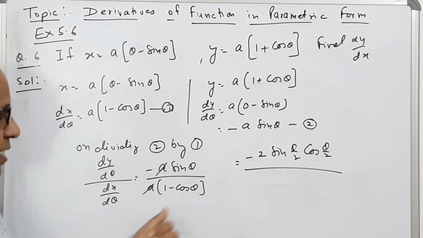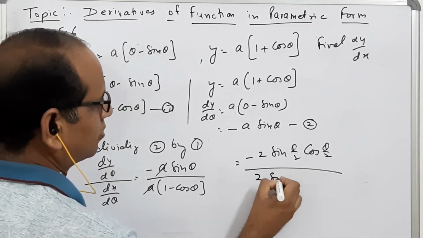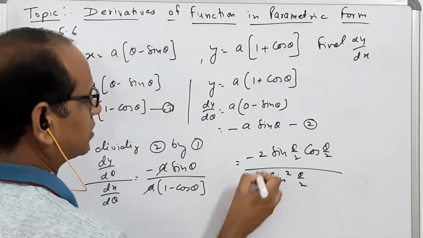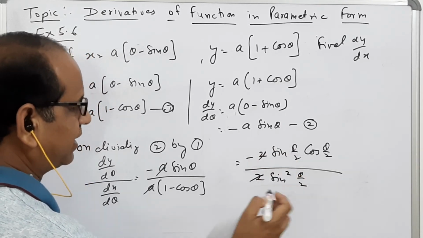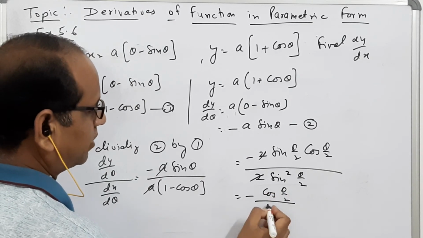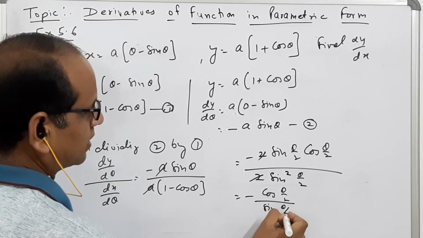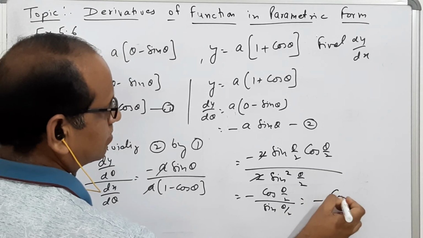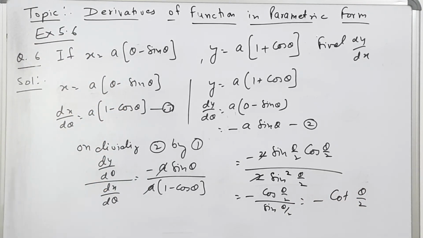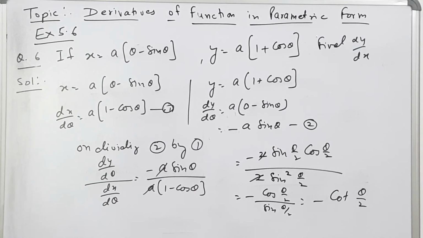But here it is theta, so it is 2 sin square theta by 2. This 2 and this 2 cancel, 1 sin cancel. So the final answer is cos theta by 2 upon sin theta by 2. So the answer is minus cot theta by 2. So the final answer is minus cot theta by 2.